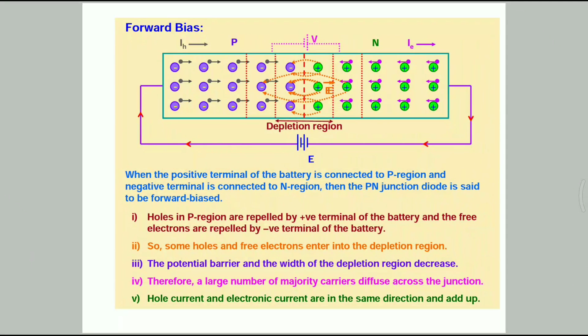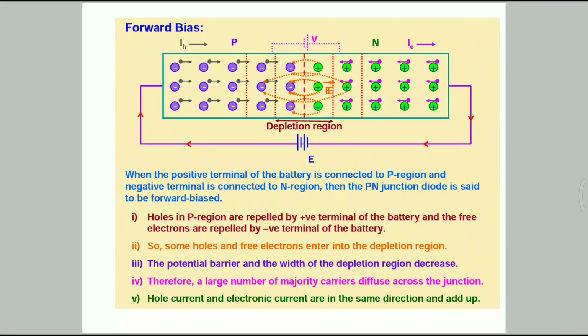The PN junction diode in forward bias. Understand, my children? When the positive terminal of the battery is connected to the P region and the negative terminal is connected to the N region, the PN junction diode is said to be forward biased. Holes in the P region are repelled by the positive terminal and the free electrons are repelled by the negative terminal, so some holes and free electrons enter the depletion region.